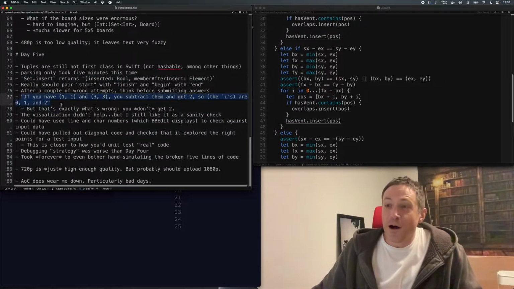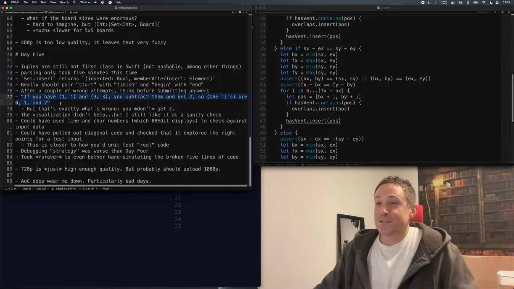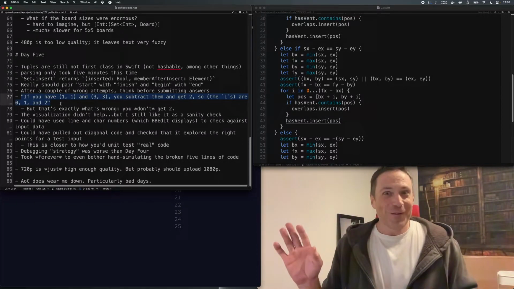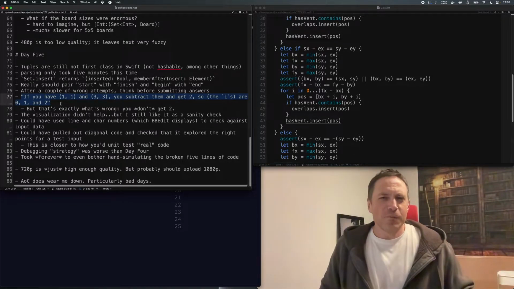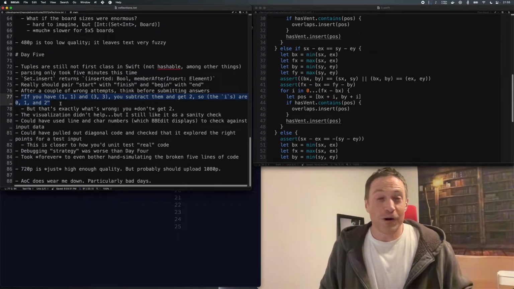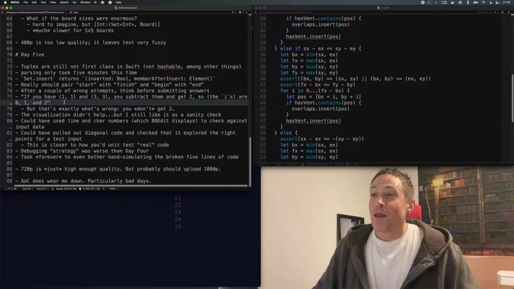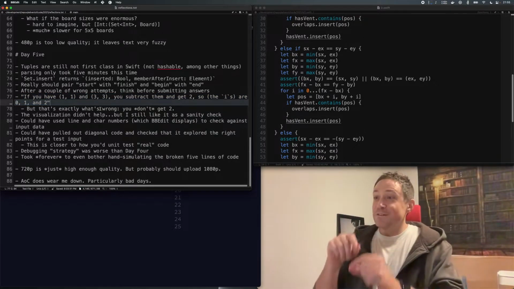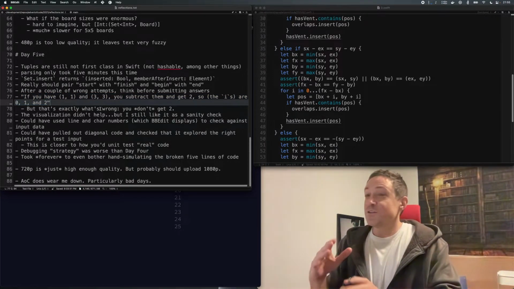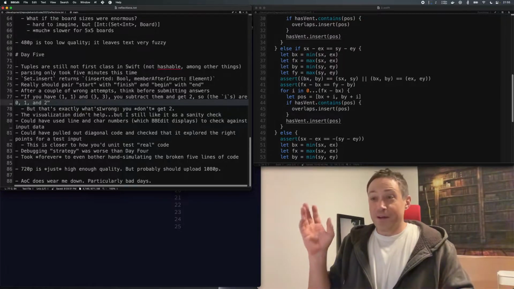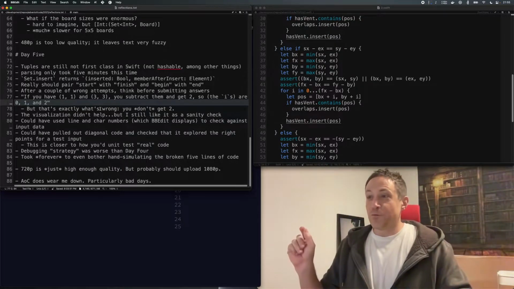Quite early on in this debugging process, I said the words, and I watched my little video at double speed because I don't know who can watch these things at normal speed. They're incredibly dull. But I said if you have 1, 1, and 3, 3, subtract them and get 2, and so the things are 0, 1, and 2.